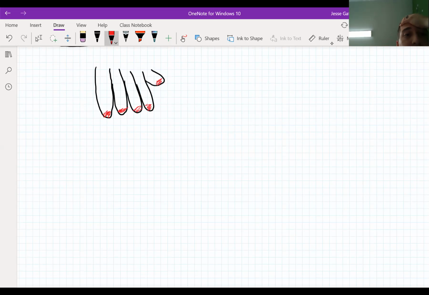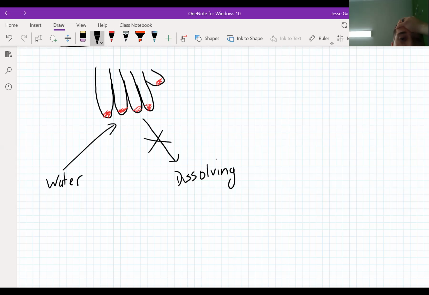Now if we take some water and wash our hands, and we're doing a lot of hand washing with COVID-19 procedures, did dissolving happen? Hopefully not, because if your nail varnish dissolves when you wash your hands, then it's not very good nail varnish. So nail varnish does not dissolve in water.